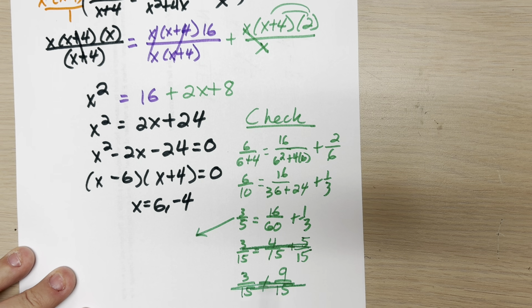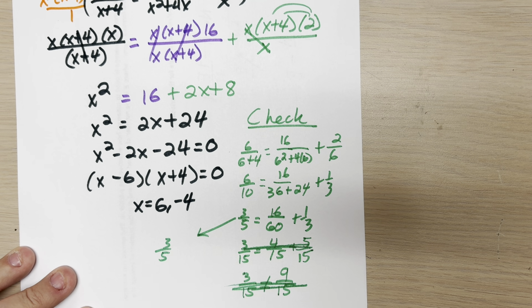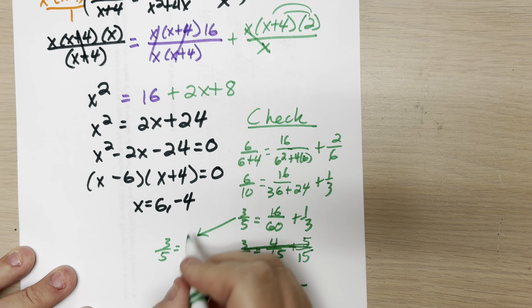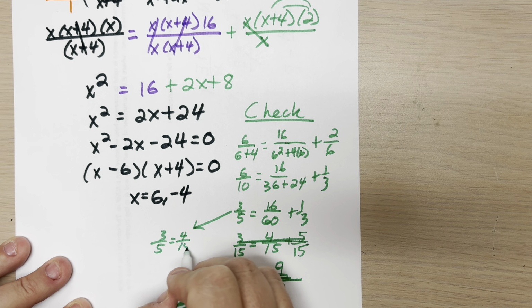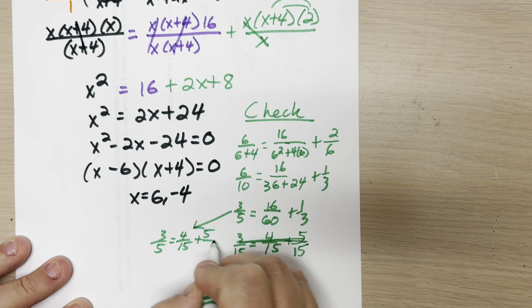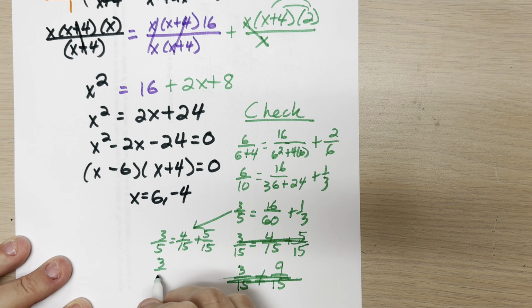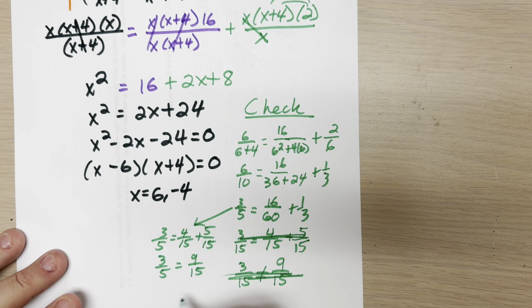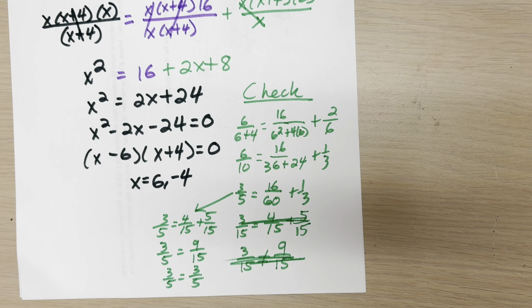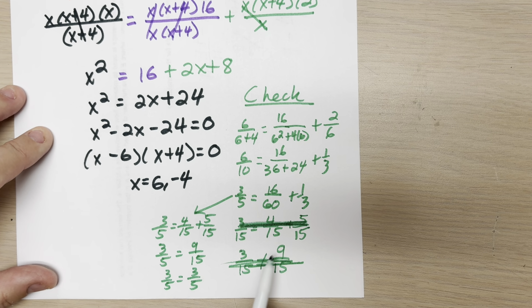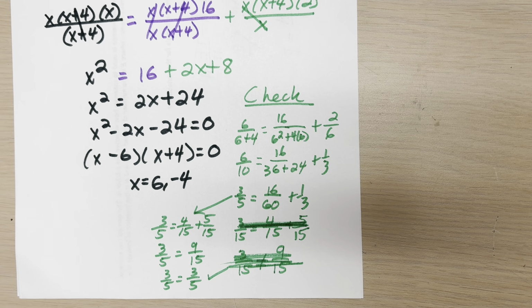My apologies. We got 3/5 is equal to 4/15 plus 5/15. 3/5 is equal to 9/15. And then I can divide a 3 out here. So 3/5 does equal 3/5. Oh my gosh. Okay. So my apologies on that. I got carried away. I just assumed that was a 1. So that one works and we're good.